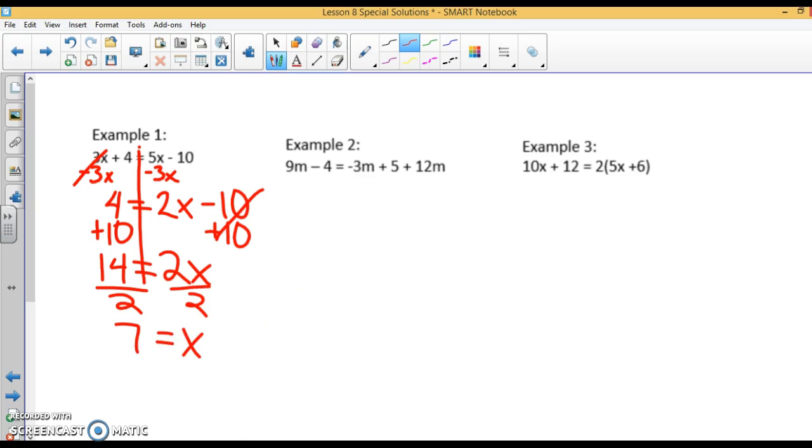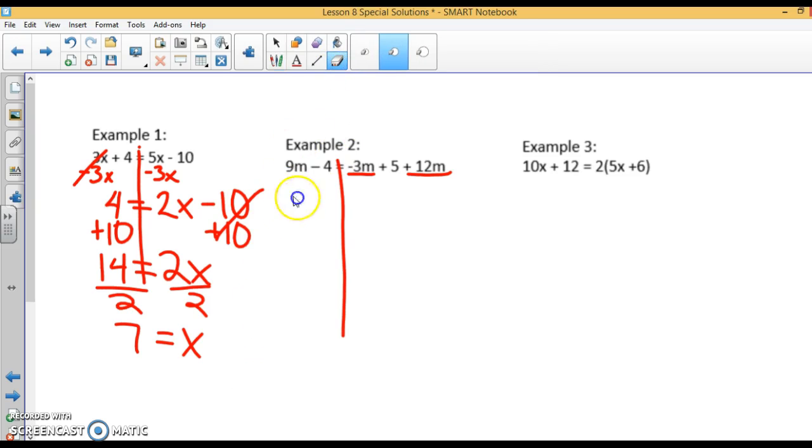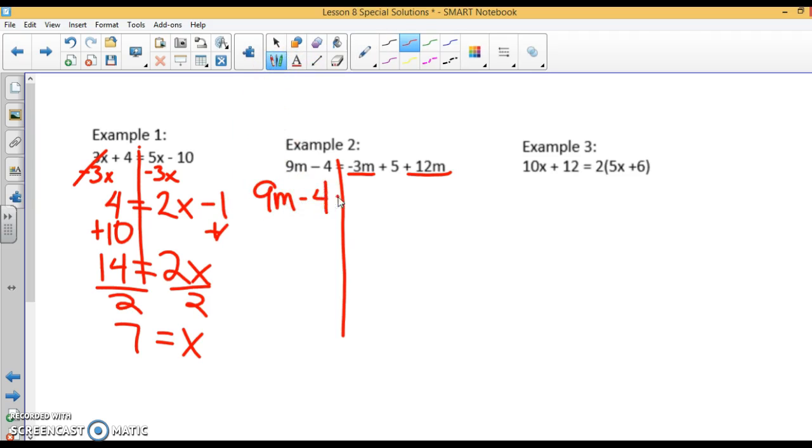Now example 2. I have 9m minus 4 equals negative 3m plus 5 plus 12m. So first, I actually want to combine my like terms on this side. So I'm just going to rewrite. I'm going to erase this a little bit. 9m minus 4 equals. So I said I want to combine my like terms.